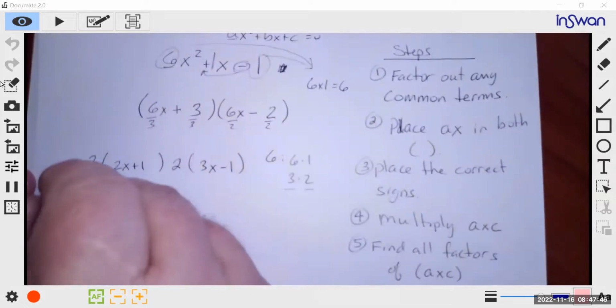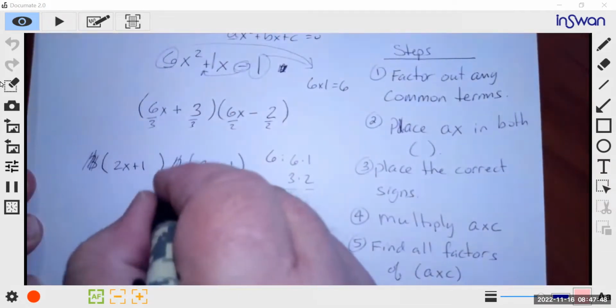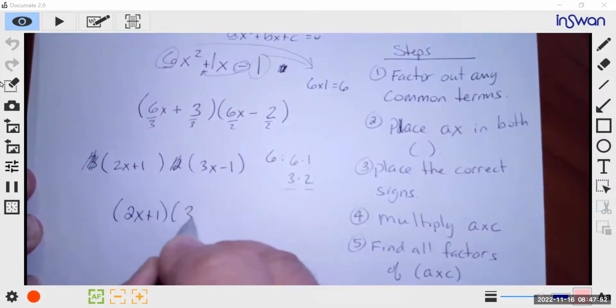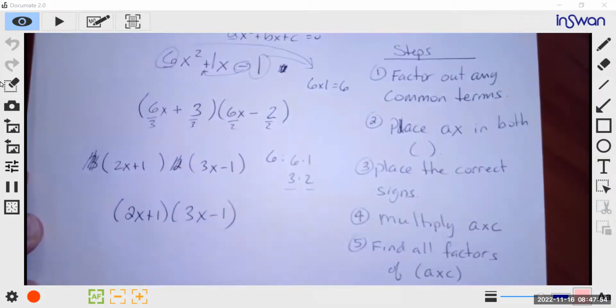So what does that mean? I get rid of the 3 and I get rid of the 2. So there's my factor. Those are my factors.